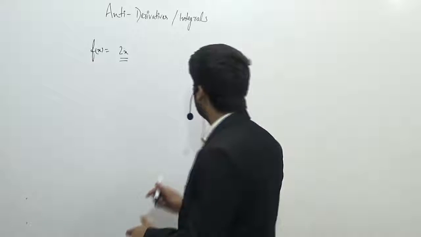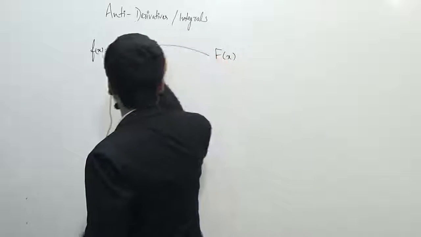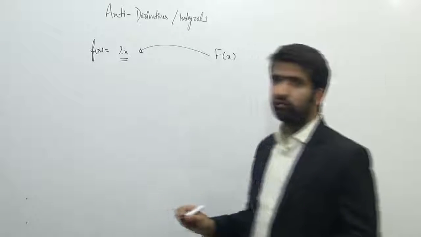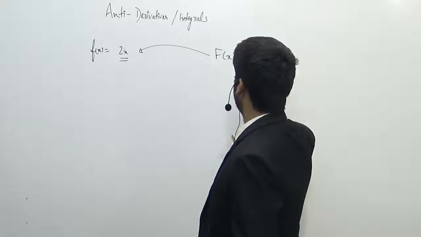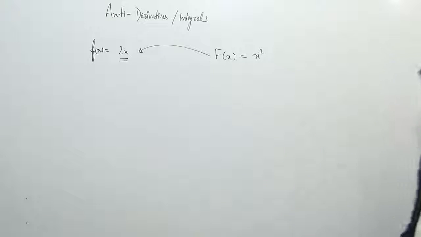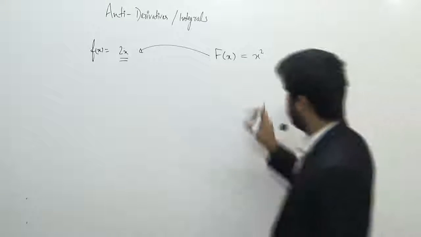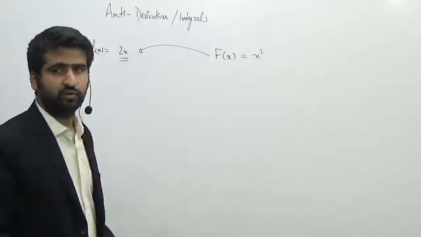So I have to find such a function capital F x whose differentiation will give me 2x. We know that in case of algebraic functions, this function will be x square, because the differentiation of x square gives us 2x. Therefore F x equal to x square is the antiderivative of f x equal to 2x.